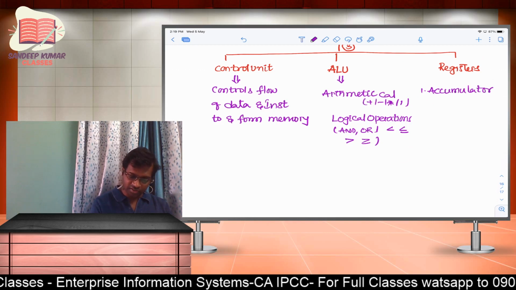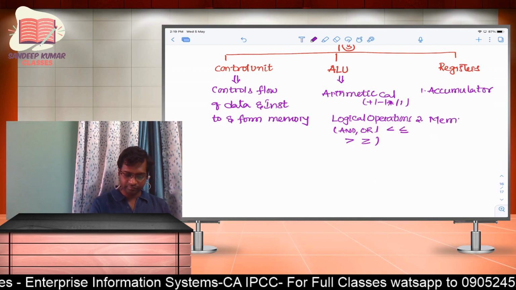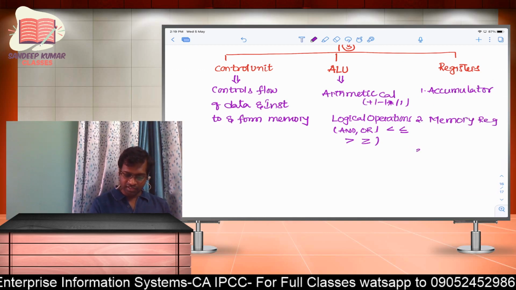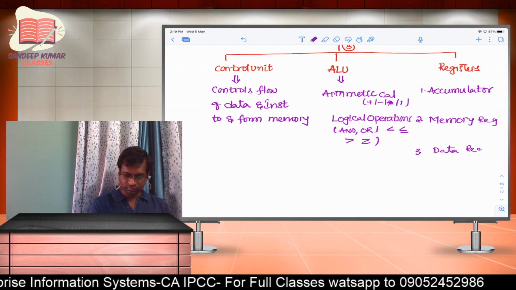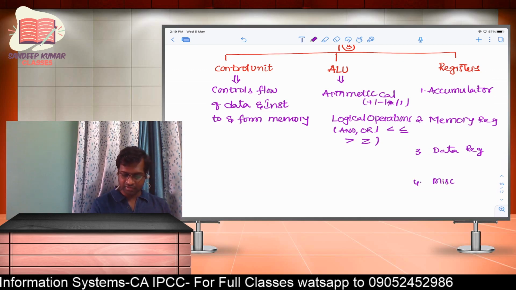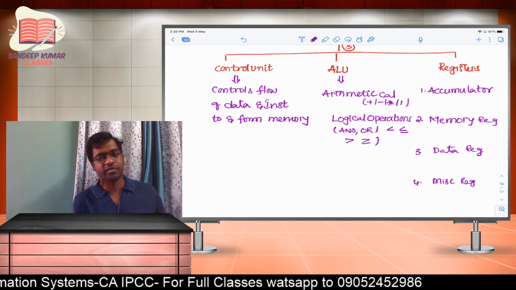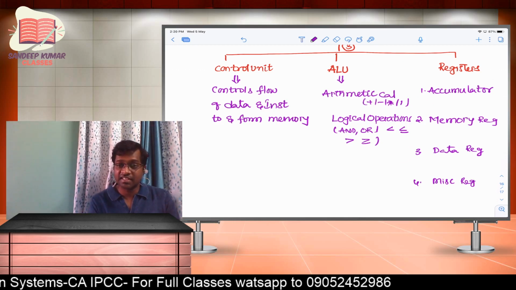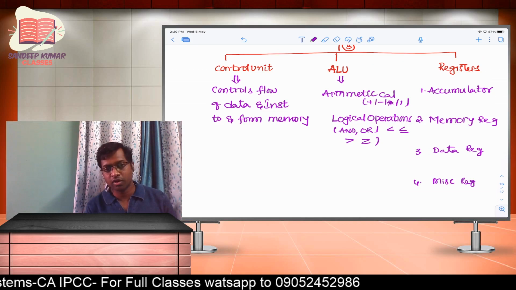We have four types of registers. First one is the accumulator. Second is the memory register. Third one is the data register. And fourth one is the miscellaneous register.